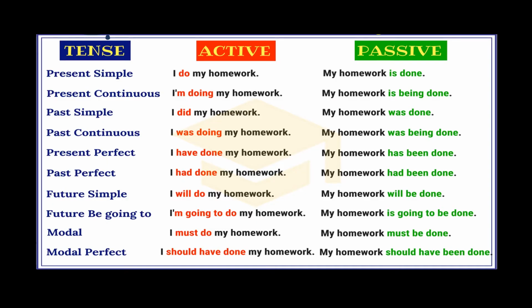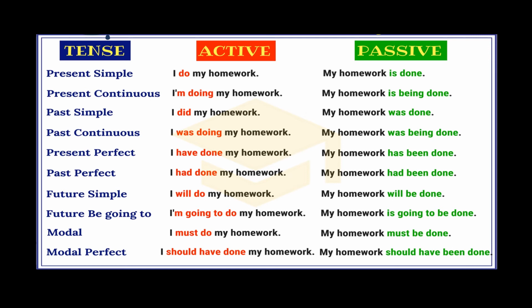Keeping the rules that we just discussed in the previous slide, here is an example to help you understand the transformation of active into passive and passive into active according to the different tenses. So in present simple, if the active voice says, I do my homework, in passive voice it becomes, my homework is done.